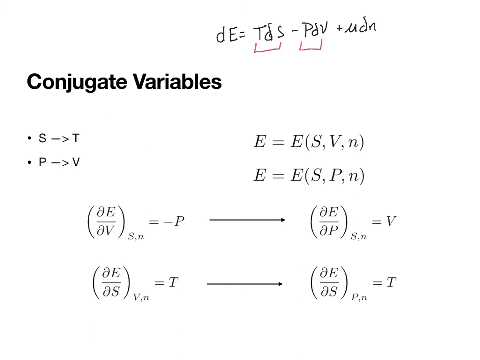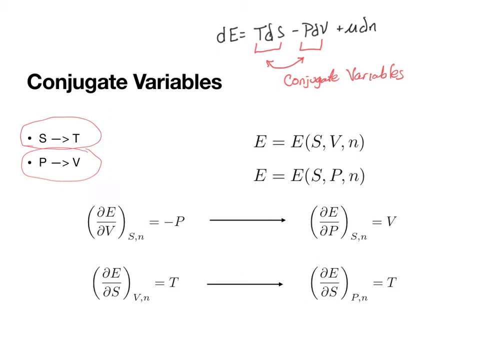It turns out that these are what are known as conjugate variables. So S and T are always paired. P and V are always paired.